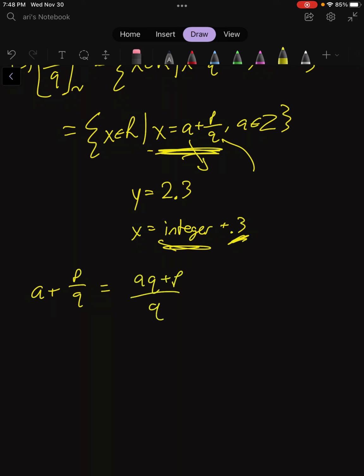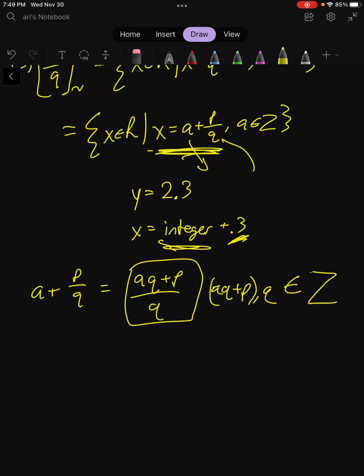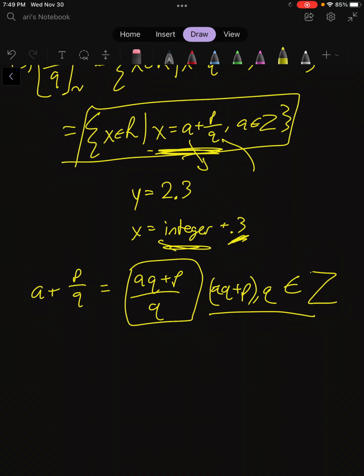I just multiplied the a by q over q, doing nothing to it, so that I could express it like this. And aq plus p and q, both of those terms are contained in Z. And when we have an integer over an integer, we know that that's rational. So that would be a way of demonstrating that this set over here is always going to be rational. It's contained within the rational numbers.